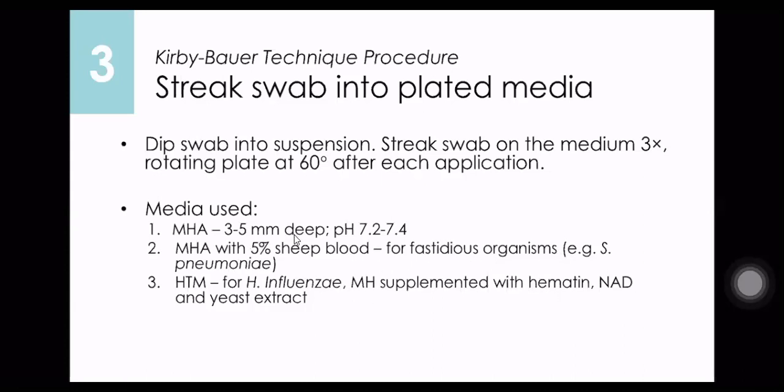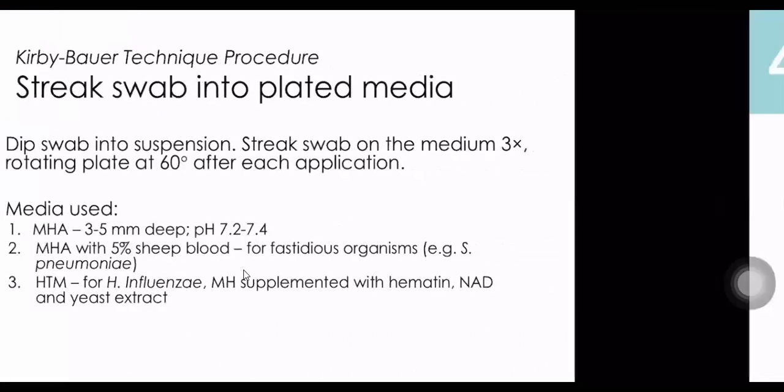For H. influenzae to grow, it needs X and V factor growth requirements. So hematin is the X factor, and NAD and yeast extract are the V factor.